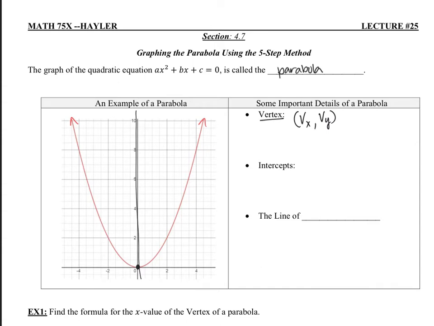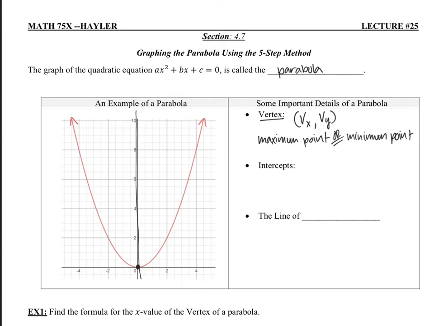Now, the vertex also has something else that's important about it. It's either going to be called the maximum point, think biggest point, or it might be called the minimum. A vertex would not be both the maximum and minimum, and I'll tell you why.